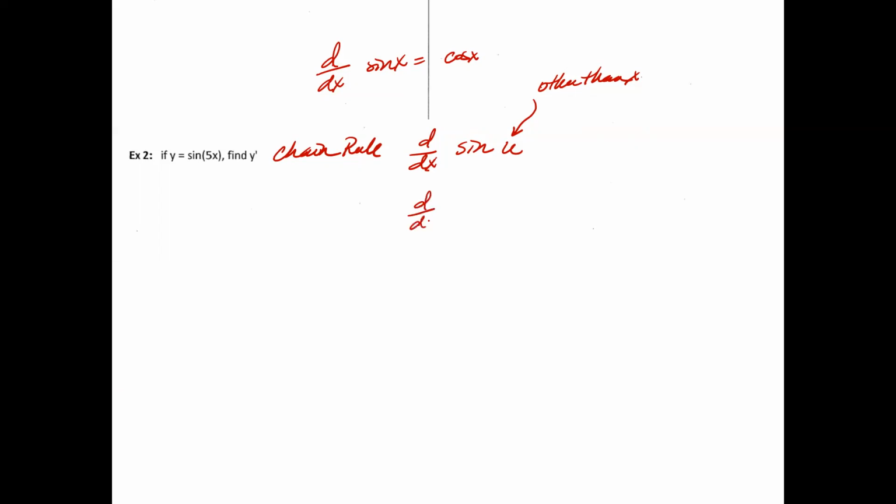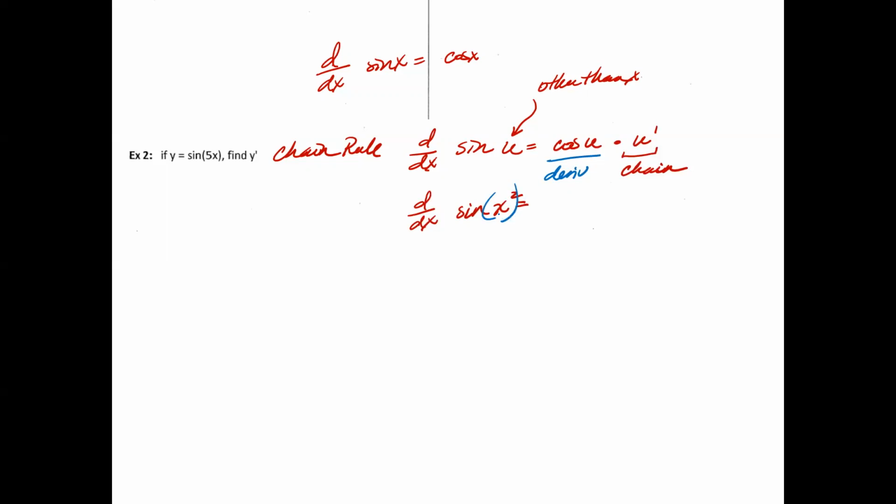So if I use the derivative of sine x squared, then the derivative of sine u is going to be cosine u times u prime. And this right here is where the chain happens, because you have the derivative with the chain.